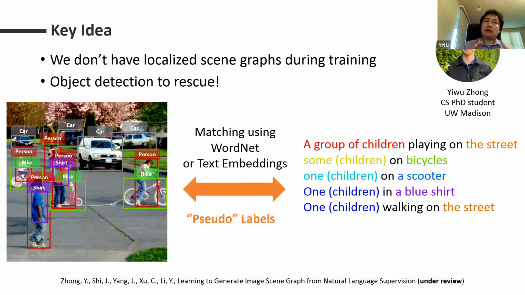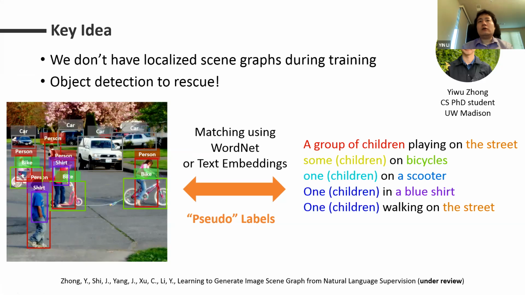Now we need to match a pair of these bounding boxes to each of these triplets. So we're going to match the subject of this triplet to one of these bounding boxes. We're also going to match the object of this triplet to the other bounding boxes. So we're matching a bounding box pair to each of these triplets. And that will allow us, again, to create these soft pseudo labels, right?